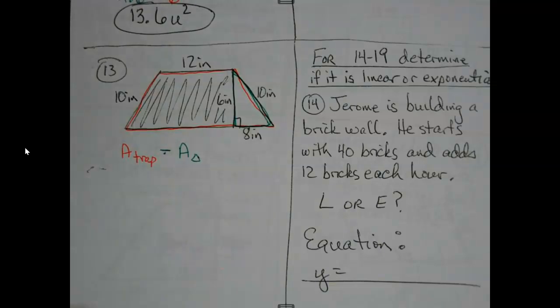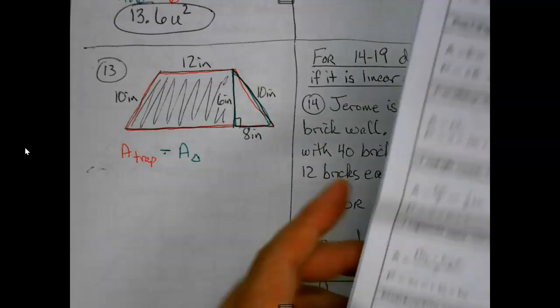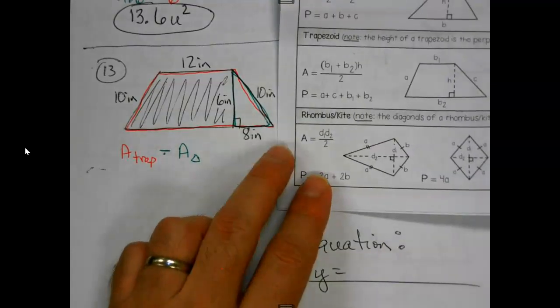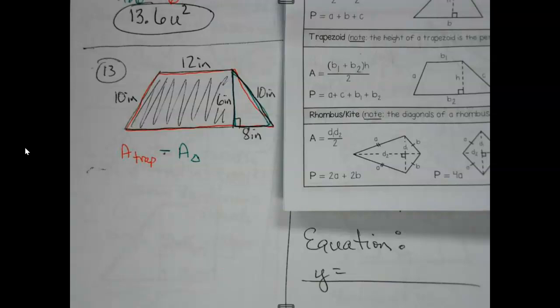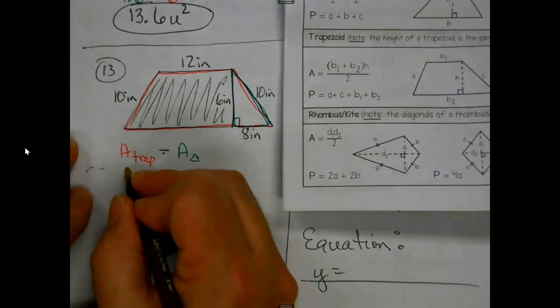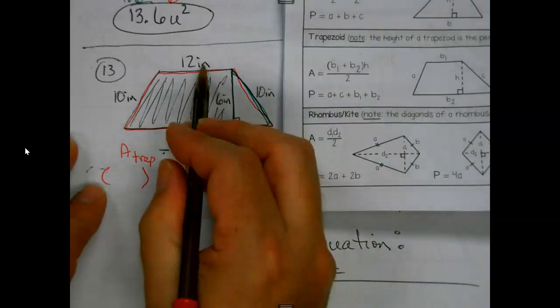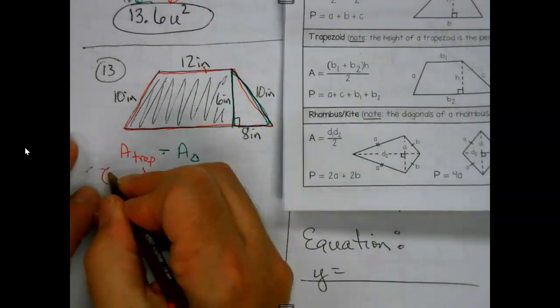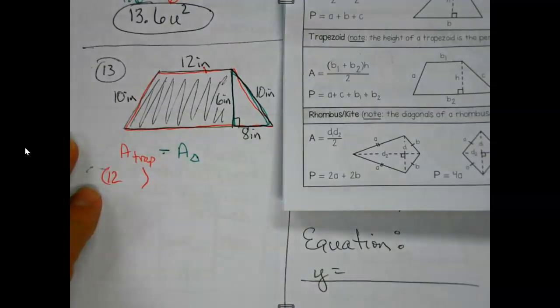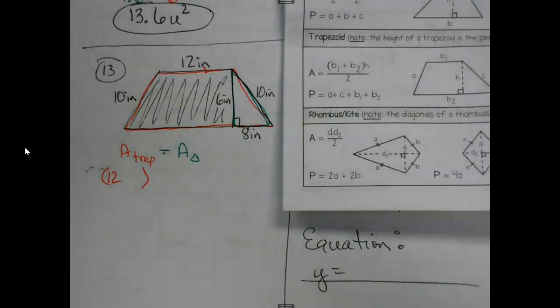So let's see, trapezoid. That's our base 1, base 2. So we'll pull some help back up here. So there's our trapezoid again. So let's see. Uh-oh. I got base 1. Would it also be 12? Let's see. I might have outdone myself on this one.